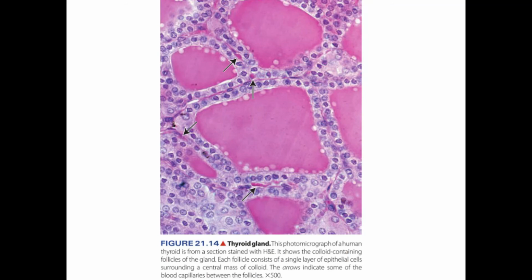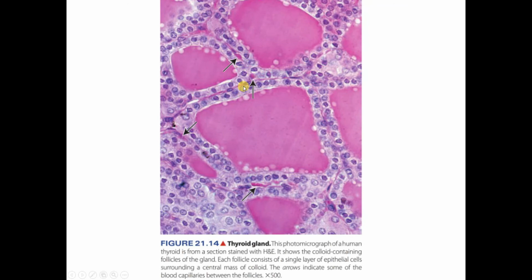Calcitonin decreases the calcium level of the blood by capturing it into the bones. The C cells are like antagonists to the parathyroid gland. This calcitonin is opposite to the parathyroid gland and parathyroid hormone.